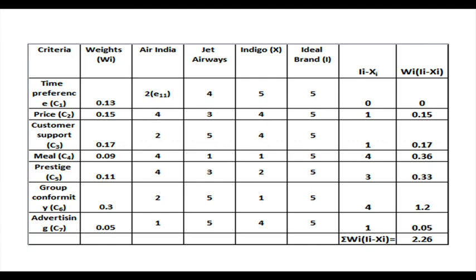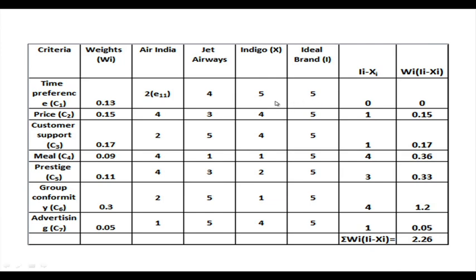Now we come to this table. First, we try to see the score for Indigo here. We first have to calculate the differential of the scores between Indigo and the ideal brand. In the first attribute, time preference, we have to calculate Ii minus Xi.